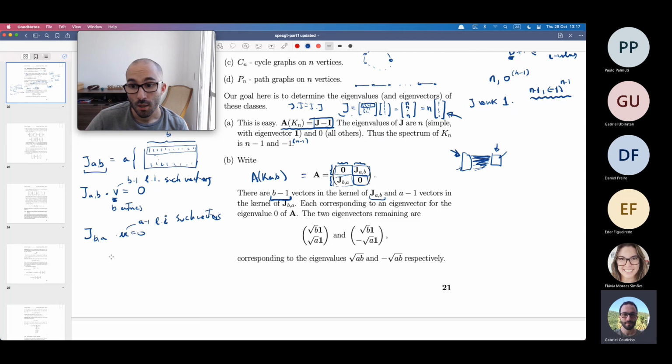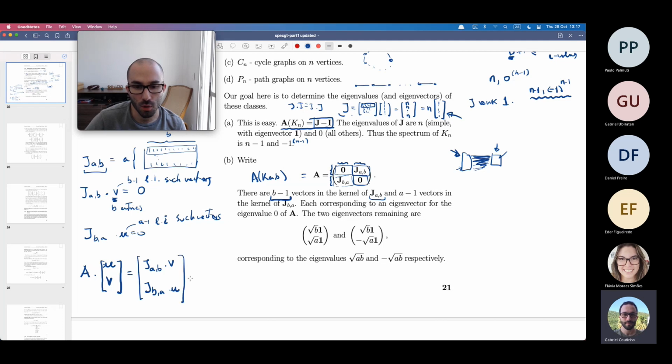Right? So what happens now is if I take A and I multiply A by U and then V, a big vector, the result here is going to be J_AB times V on the top and J_BA times U on the bottom.